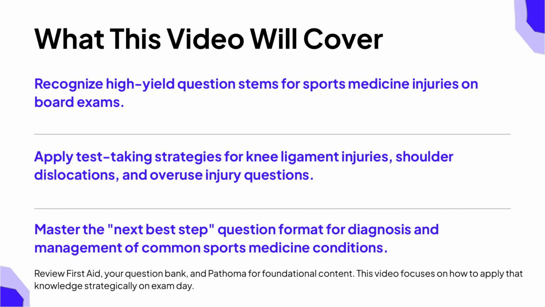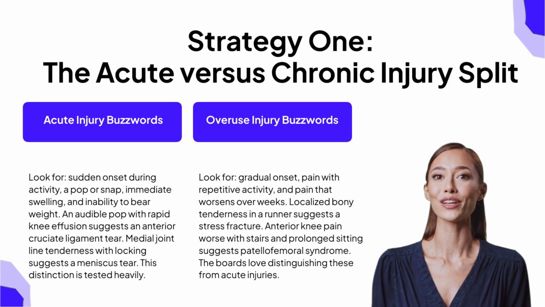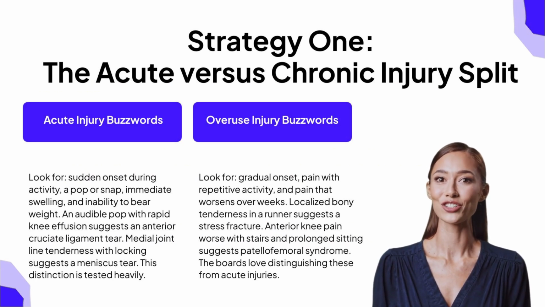Second, we will apply specific test-taking strategies to help you work through these questions efficiently. Third, we will master the next best step format that the boards love to use for sports medicine management. Make sure you have reviewed the musculoskeletal chapter in first aid and done questions in your question bank on these topics.